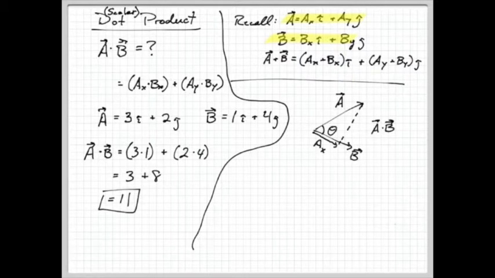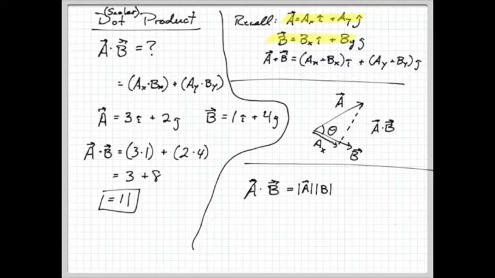Another way to find the dot product, you can actually take the magnitudes of the two vectors, multiply those together, and then multiply that by the cosine of the angle, where the angle is measured between the two vectors.